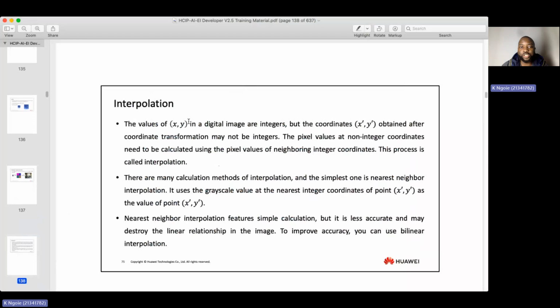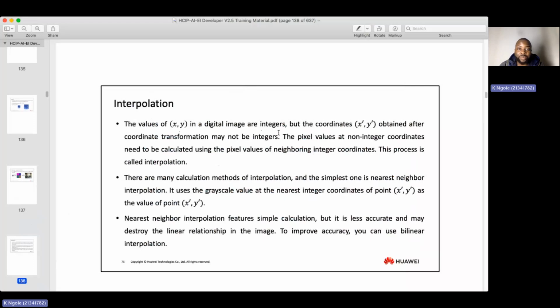digital image, the values X and Y, which are the size of the image, in a digital image are integers. So what does it mean, integers? It means we have numbers that are integers, right? Normal numbers, integers from the integers class, but the coordinate obtained after we've done a coordinate transformation may not be integers.